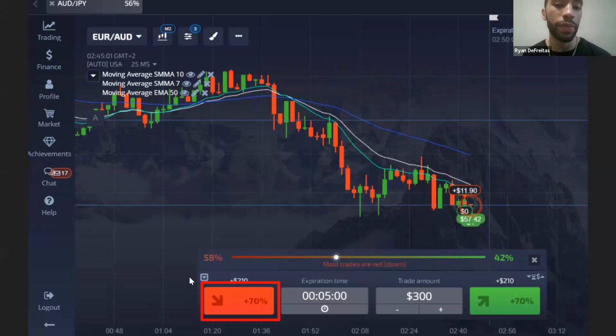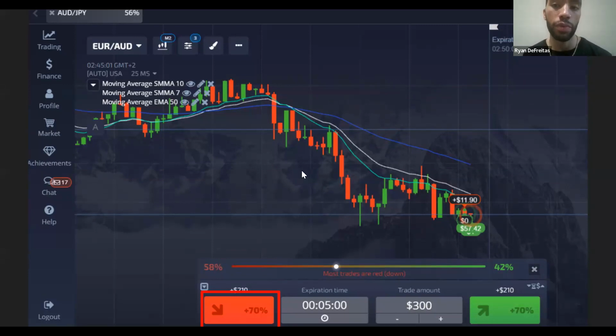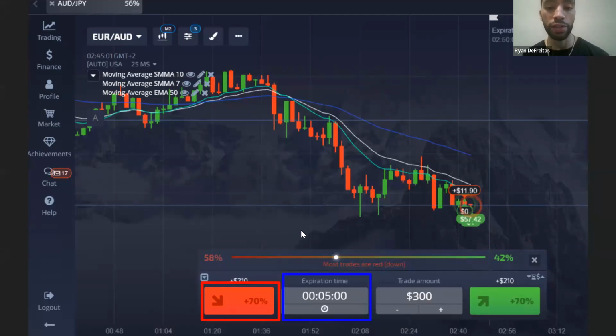In binary, we have these boxes I want you guys to look at, down here on this little dashboard. I'm going to show you what each of those boxes means. The red box that's highlighted is the sell box. The blue box is your expiration time. Say it's AUD/USD and you sell at a particular time for 5 minutes.